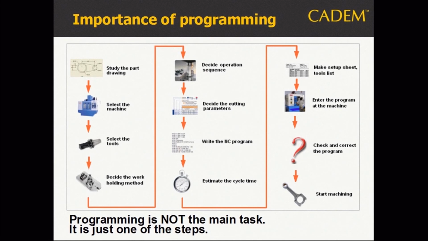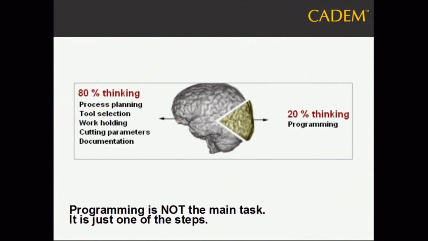This is wrong. Like this picture shows, programming is just one of the steps involved in cutting a part. There are multiple steps, each involving a lot of thinking. Only 20% of the thinking is in programming, while the rest is in other activities.